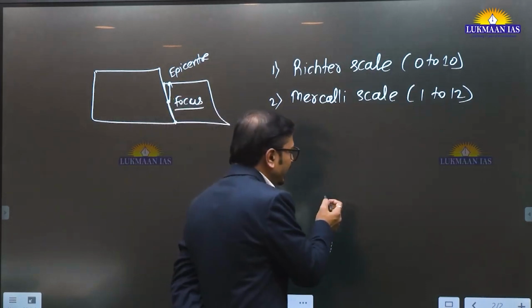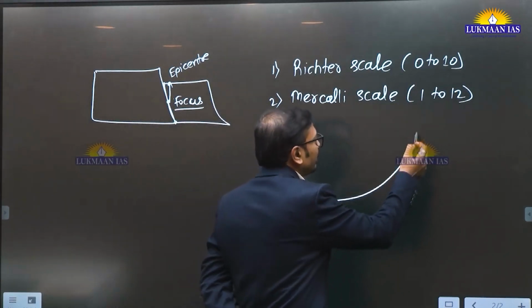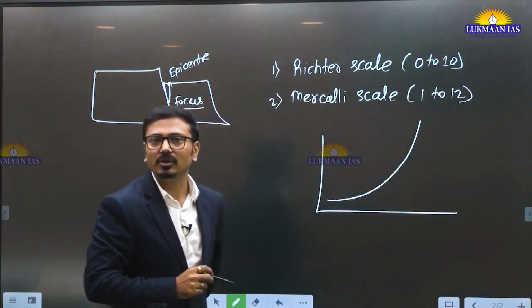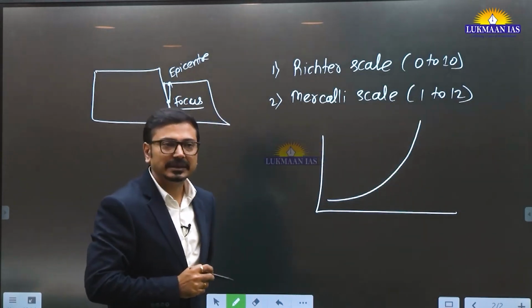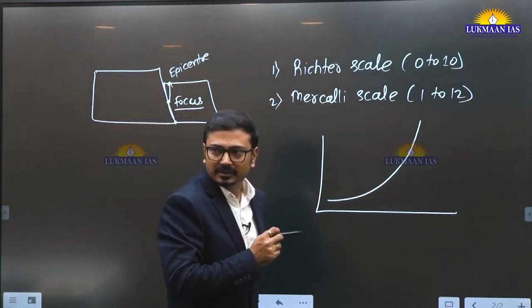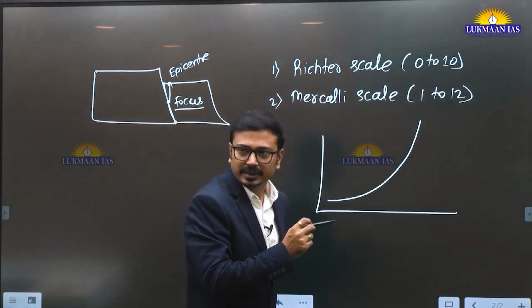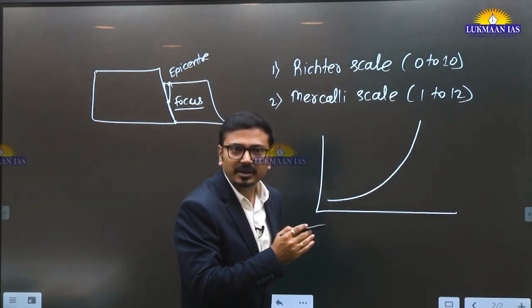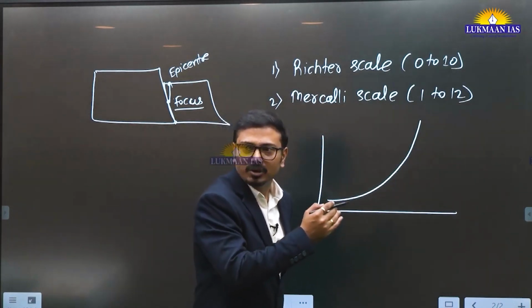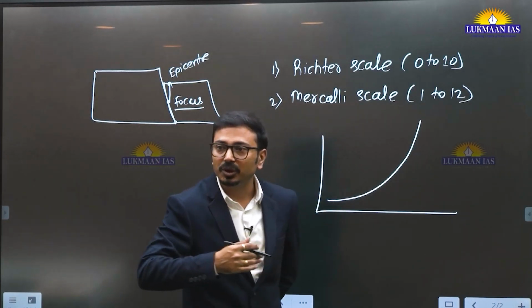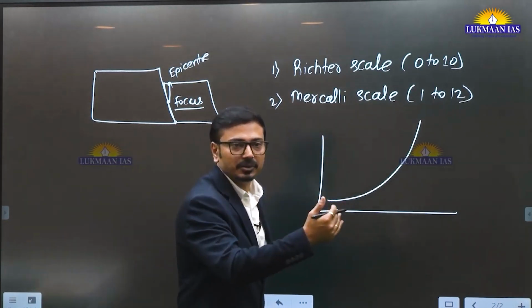So basically in layman language, we can say that it will be a kind of exponential graph. So that means if the magnitude of an earthquake is like 1 or 2 or 3, it is not of larger scale. But if it is slightly increasing beyond 5, or 5 to 6, 6 to 7, it is going to be huge magnitude.